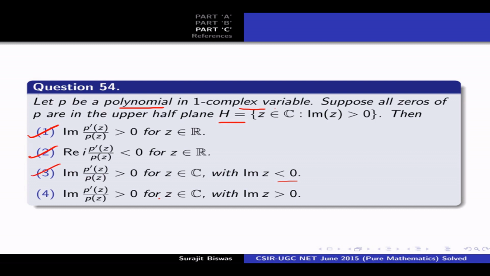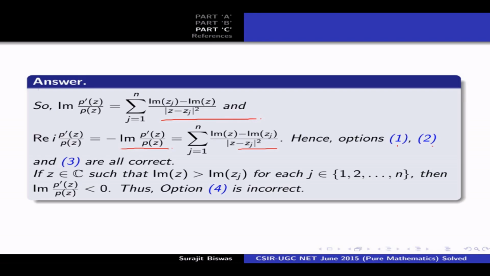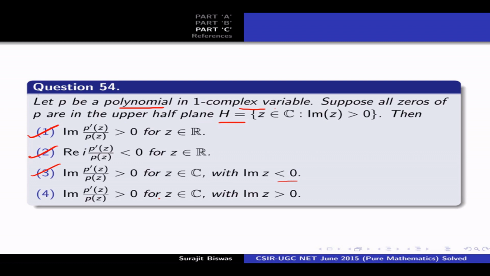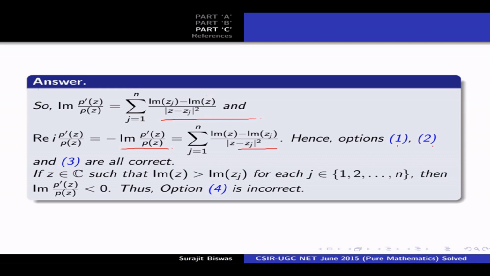And for option 4, what is option 4? Option 4, we have to say imaginary part of P dash Z divided by PZ when imaginary Z greater than 0.